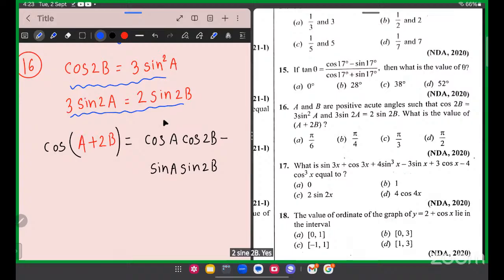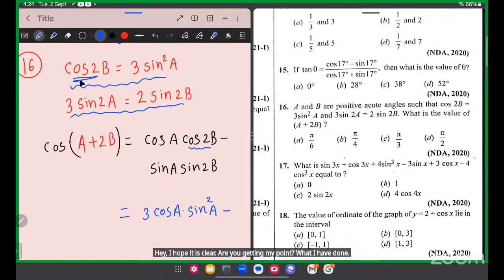So in place of cos 2B, we can write 3 sin square A, so it becomes 3 cos A into sin square A. What I have done, in place of cos 2B, I have written 3 sin square A, and cos A as it is.